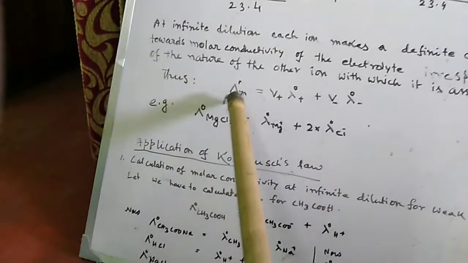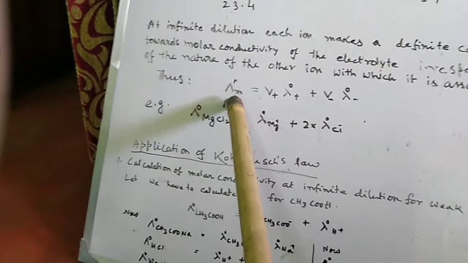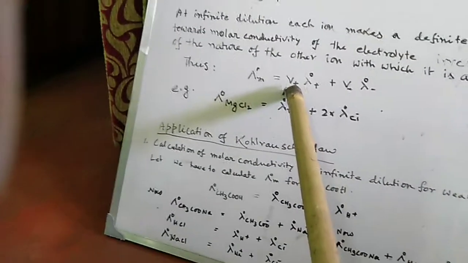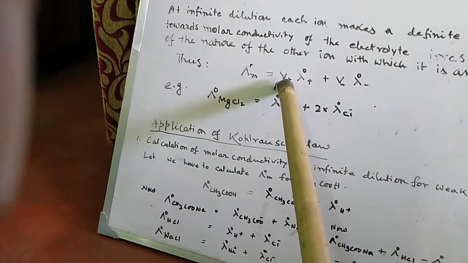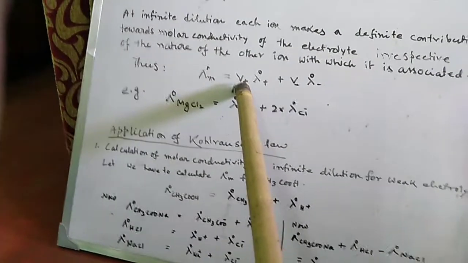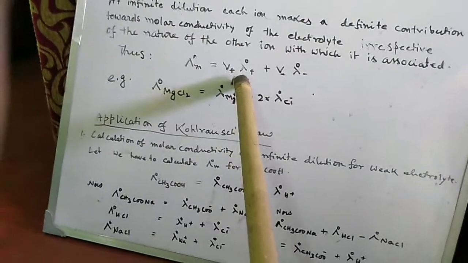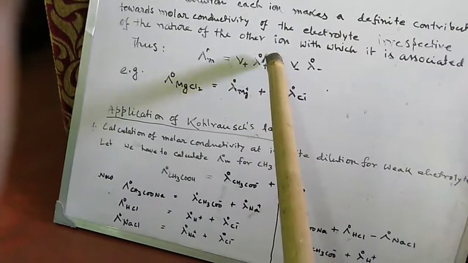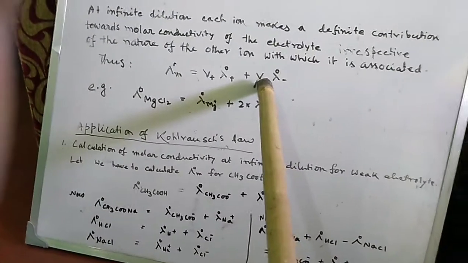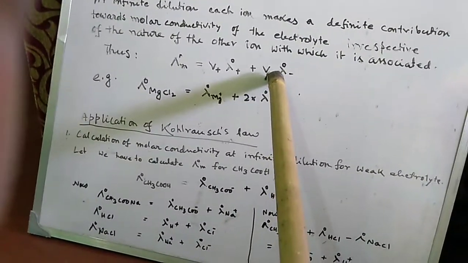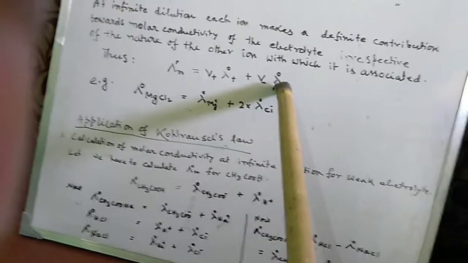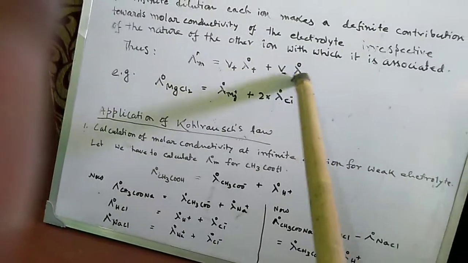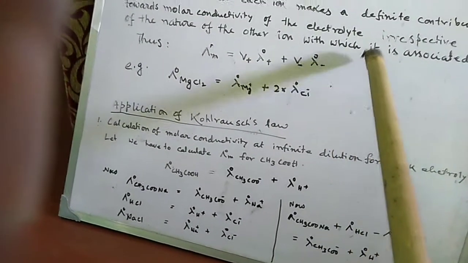Now thus at infinite dilution the molar conductivity becomes nu plus, the number of cations coming per formula unit, times the molar ionic conductance of the cation, plus nu minus, the number of anions coming from the formula, times the molar conductance of the anion at infinite dilution.